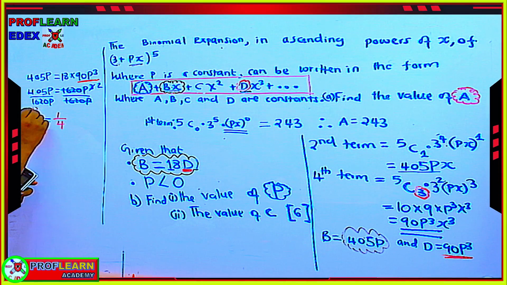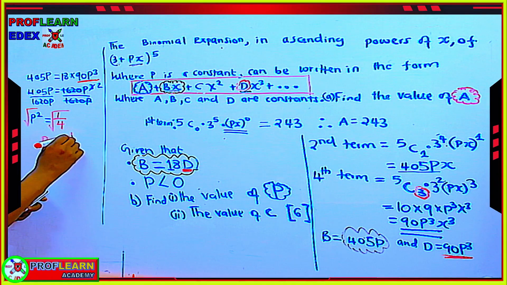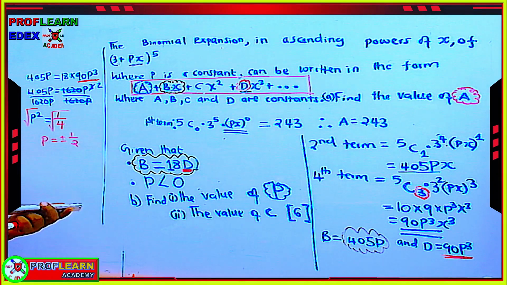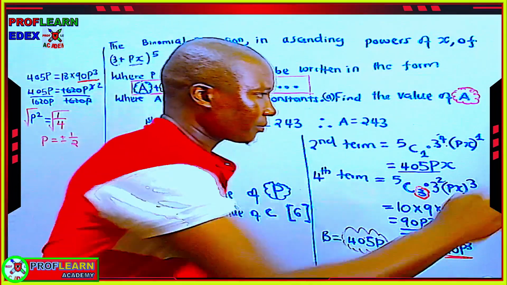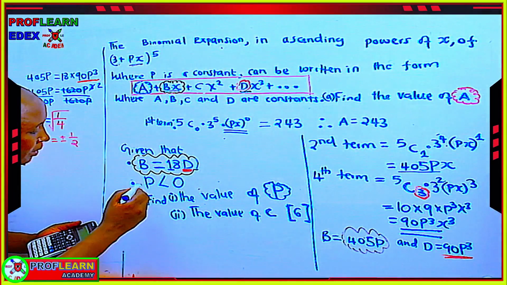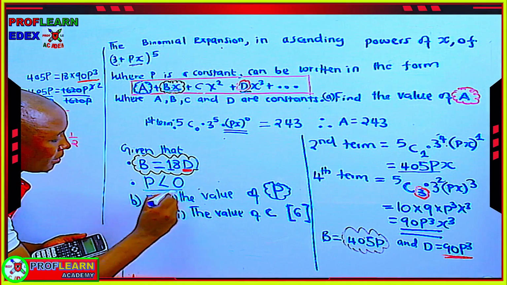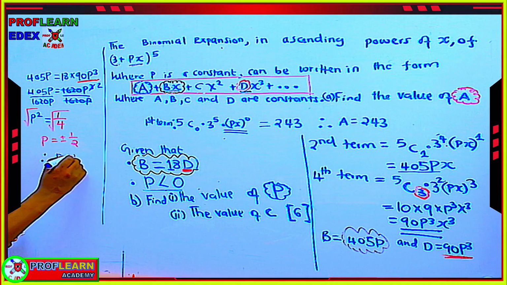Then you find the square root here. Our p is equal to plus or minus 1 over 2. Now, whenever you are doing that, what I need you to remember is to always check the conditions which are provided. We are told here p must be less than 0. So therefore, we can conclude and say p is going to be equal to negative 1 over 2 in this case.